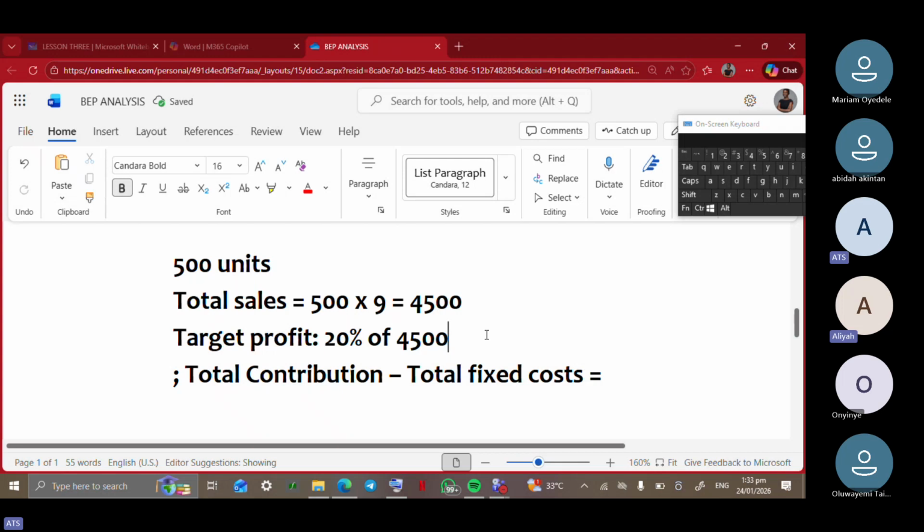What's 20% of 4,500? It's 900. So they are basically saying we must get 900 after doing this. Do you understand? We've already decided that you want to sell 500 units, but what if on those 500 units you want to make a profit of 900?